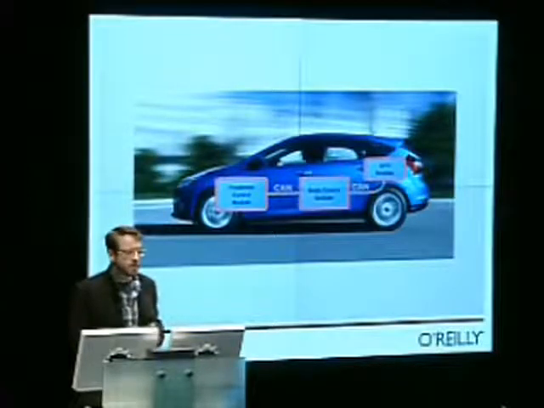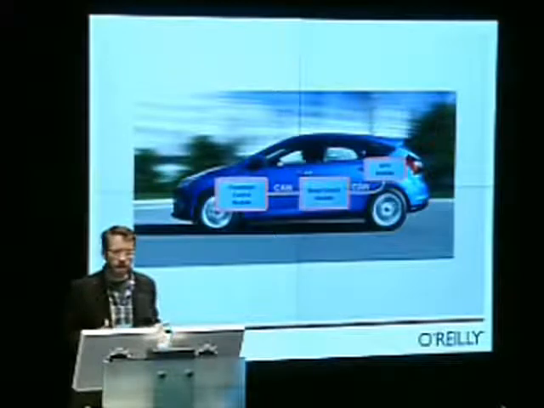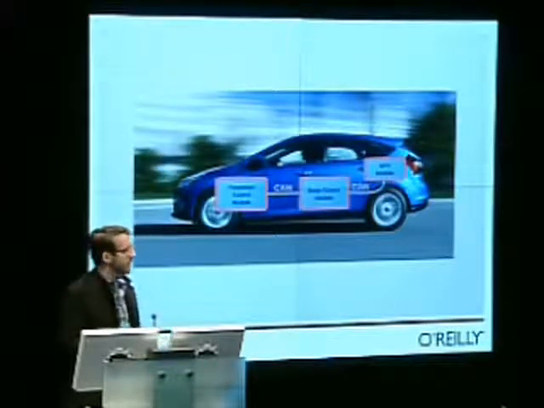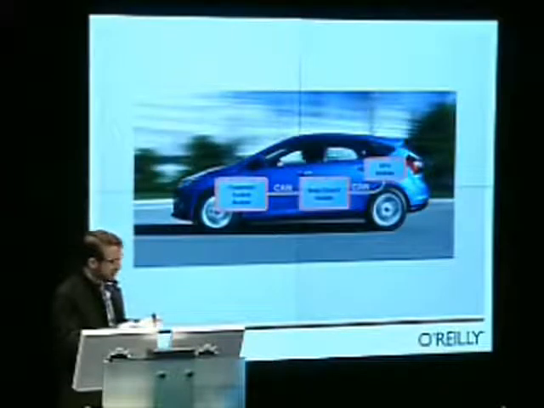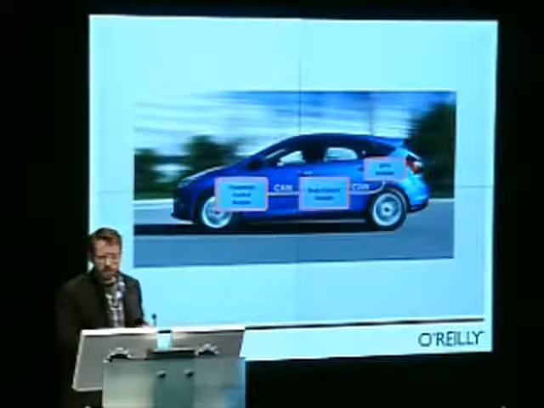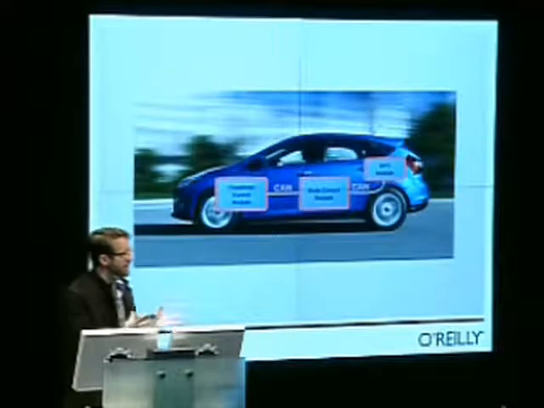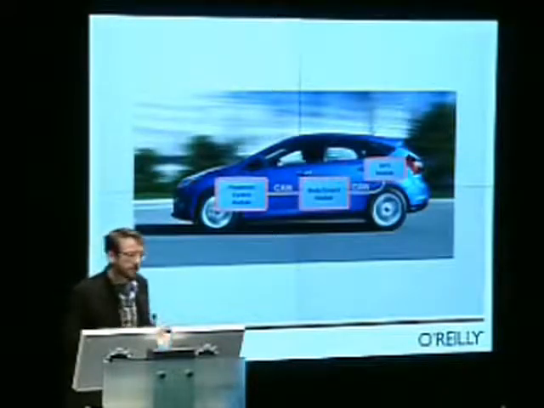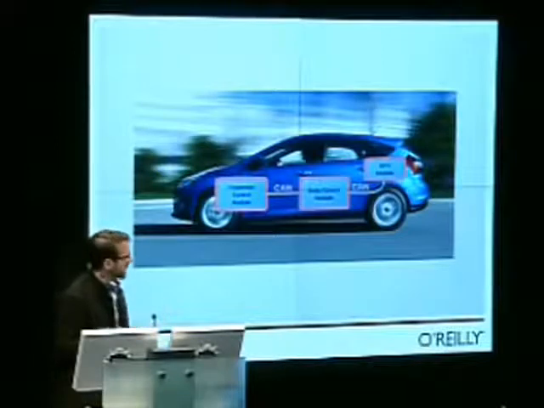Ford's OpenXC program opens up the drivetrain data from a car to any developer who knows something about Android. That's all it takes. You don't need to know anything about the complicated data bus in the network. You don't need to know anything about how the car actually works. But if you have some insight into optimizing a system at an abstract level, then you can add something really meaningful to a car, as we saw with Dash, for instance.